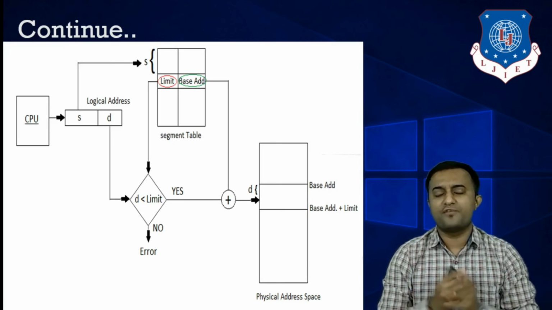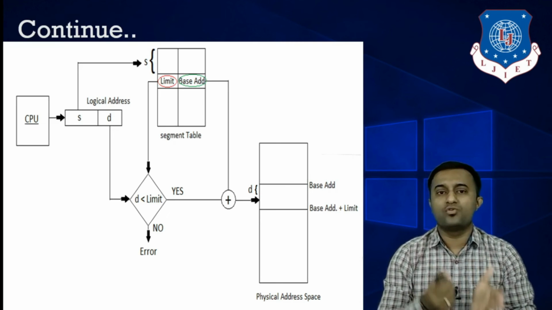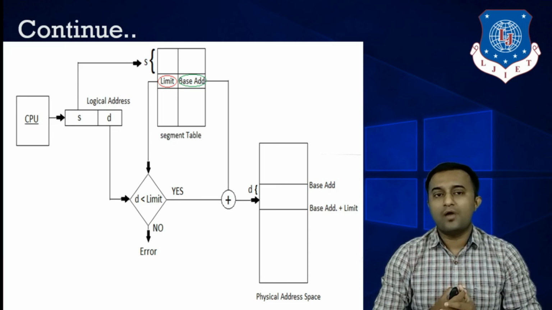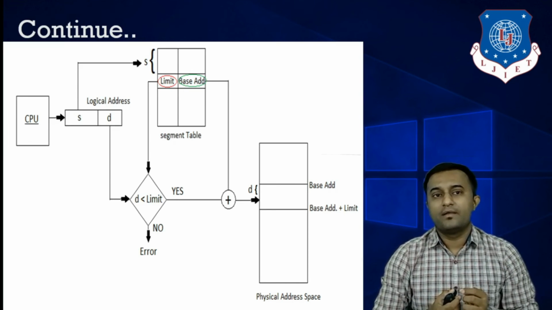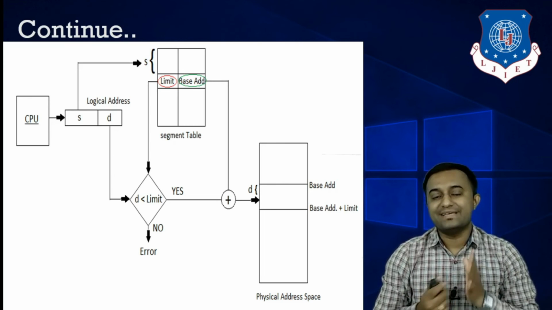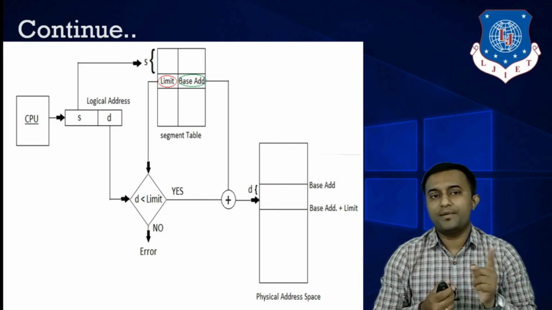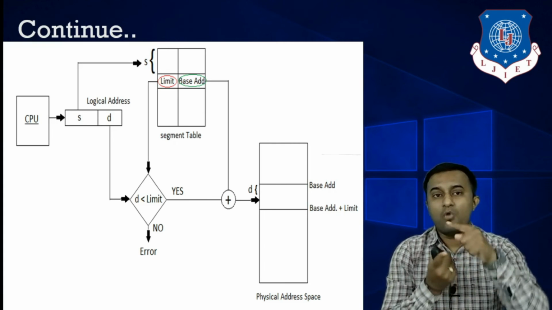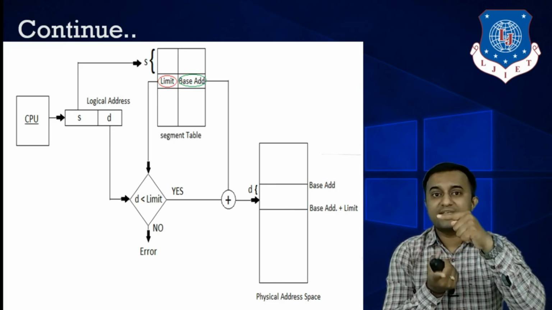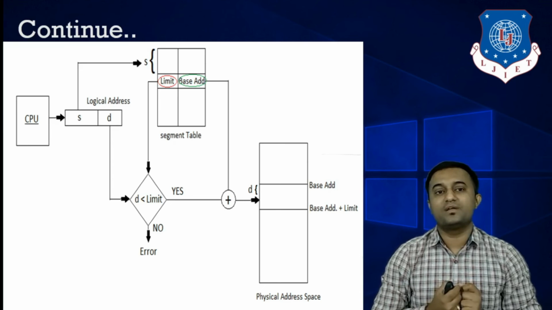There is no change in the size of the segment because it is already loaded into main memory. Now, if the CPU requests a particular segment with its size, we need to check, with the help of the segment number, whether the CPU is demanding more than the actual size of that segment or not. That is what we are checking in this case.